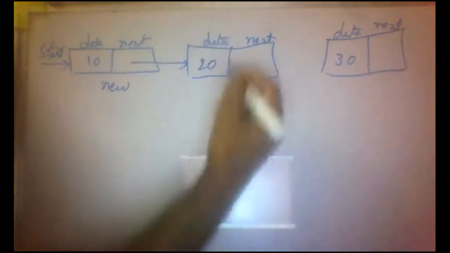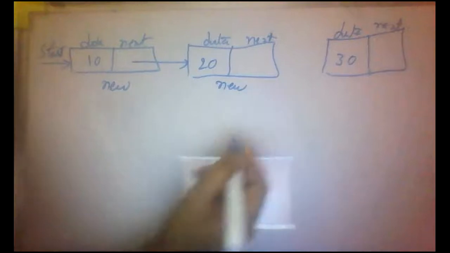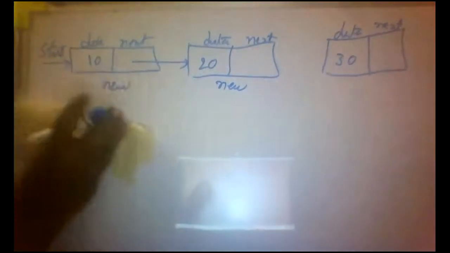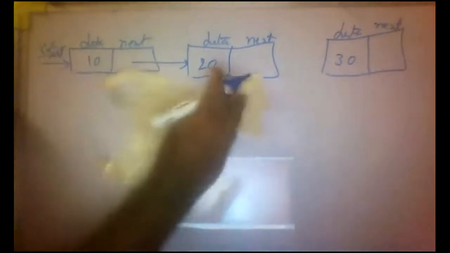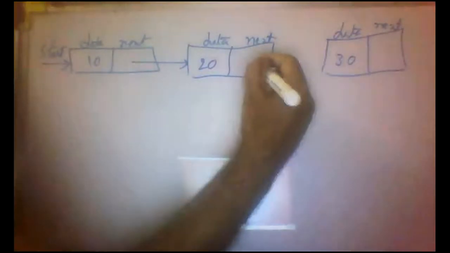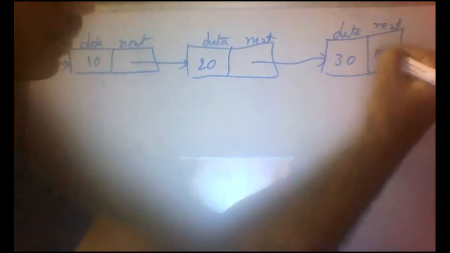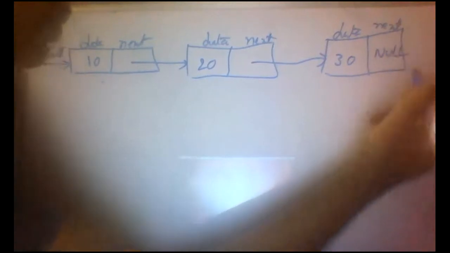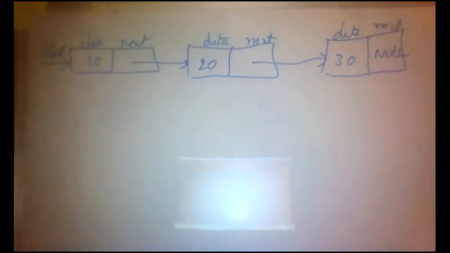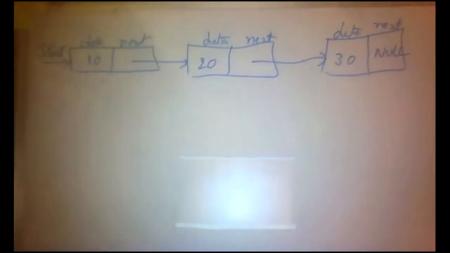This is one new node. Again, new node to next equal to this one. Then there is no node, so new node to next equal to null. Clear, all of you? This linked list is created. Linked list is created.